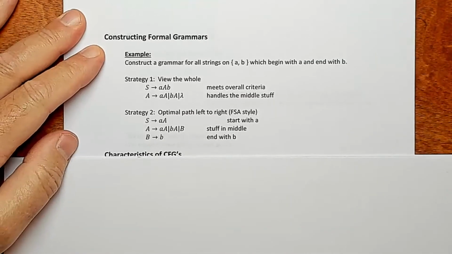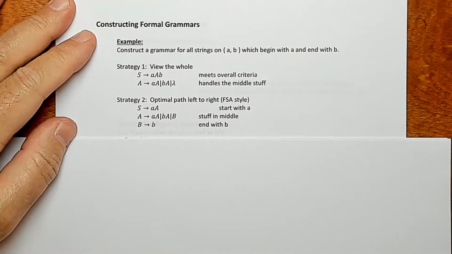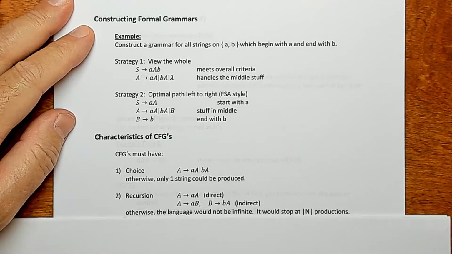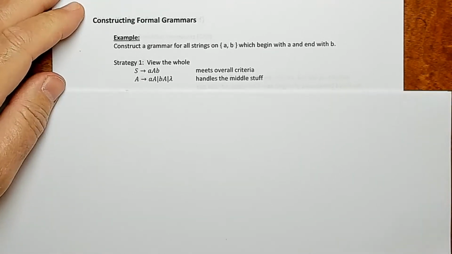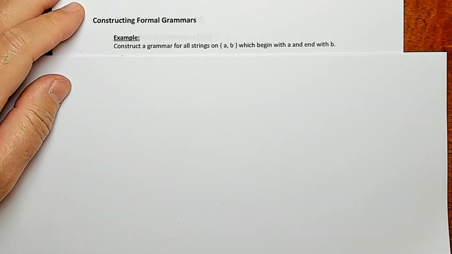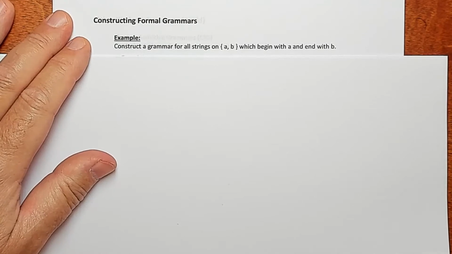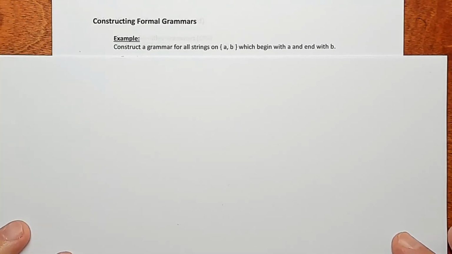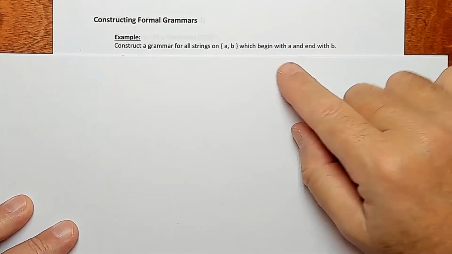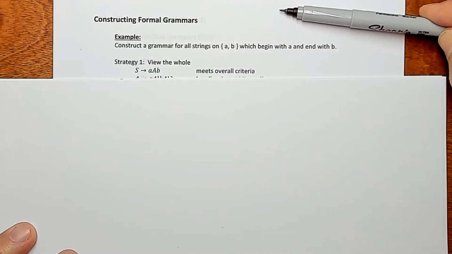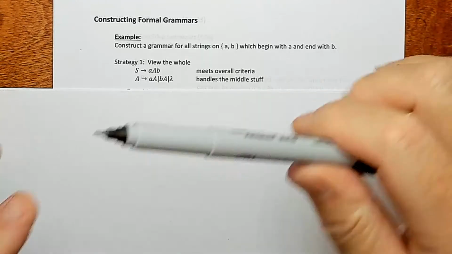Okay, moving right along. Let's talk about some rules of how you might want to construct a formal grammar, and then we'll look at some characteristics, and then some more examples. Let's say somebody asked you to construct a grammar for all strings on the alphabet AB which begin with A and end with B. So one way to do it is to view the whole thing.